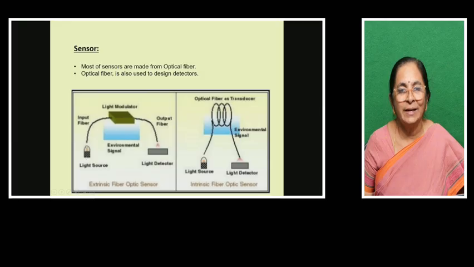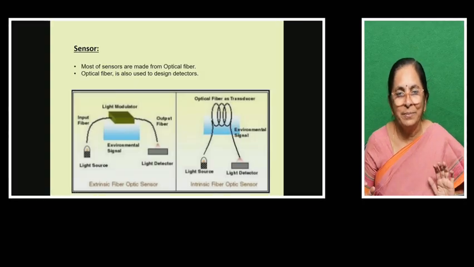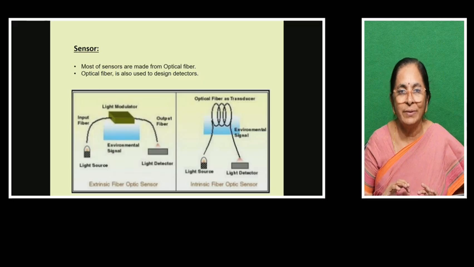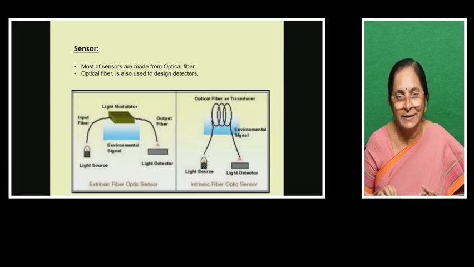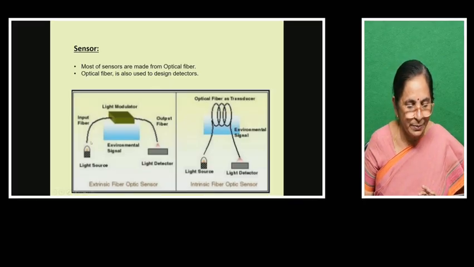From the light source, light can be passed to the light modulator and the output is given to the light detector. We know the physical parameters sensed by the sensors will be converted into electrical signals. Those electrical signals will be converted to binary digits, in terms of 0 and 1, and these will be converted into light signals, which with the help of the light source will be passed through the light modulator and can be detected.